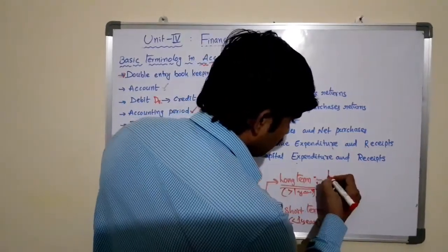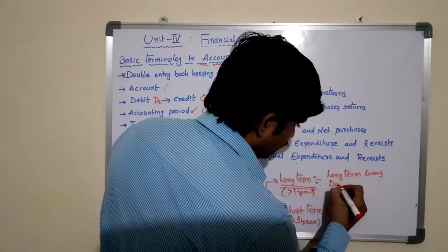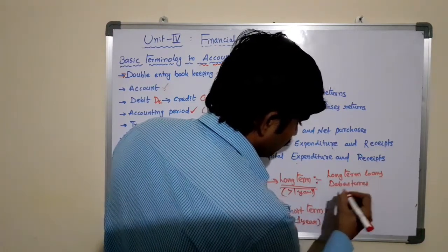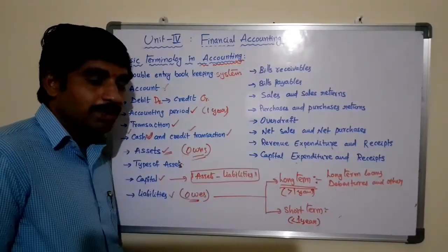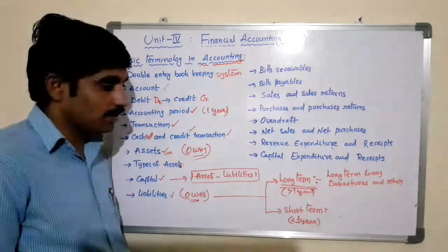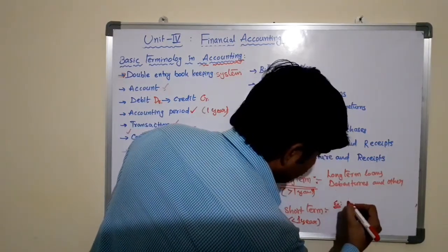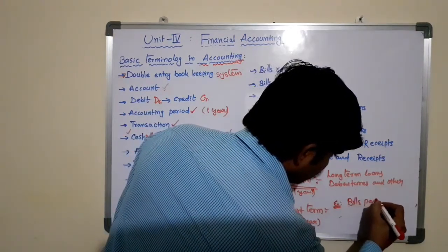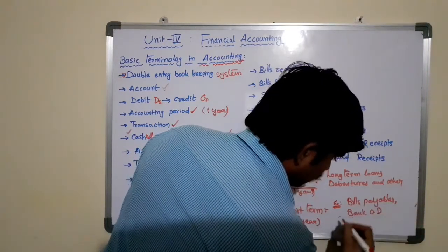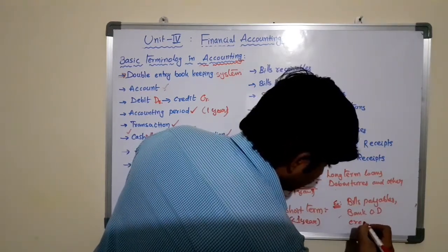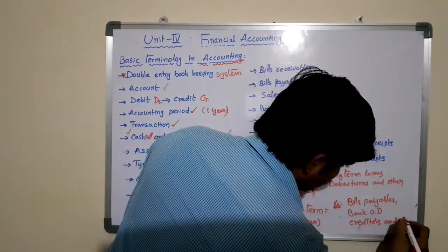Examples of long-term liabilities: long-term loans, debentures, and any other liabilities which will be paid after more than 1 year. Examples of short-term liabilities are bills payables, bank overdraft, creditors and others.